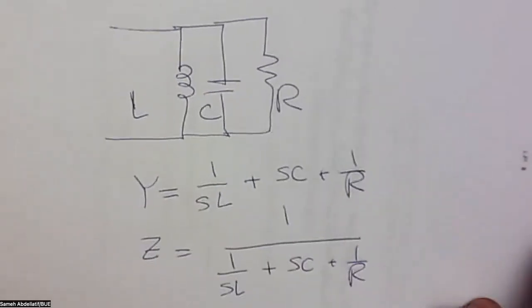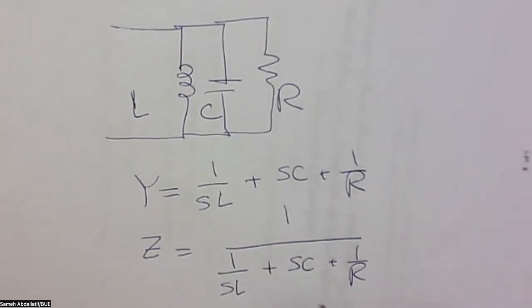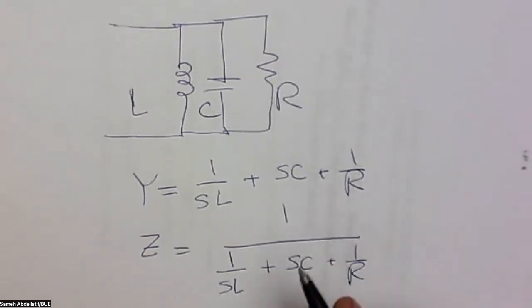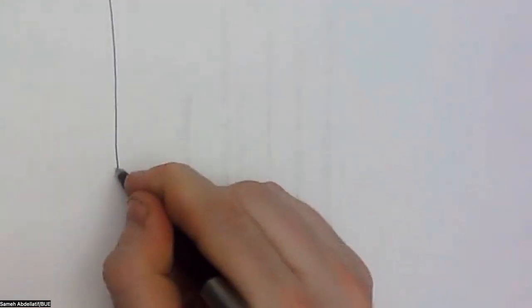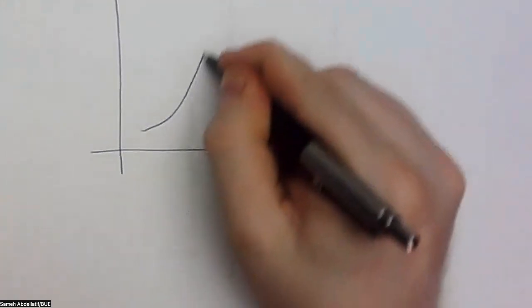Then you can make some basic mathematical adjustments in order to put it in a second order filter form, where you will find that this filter has two poles, so it will end up with something like that.